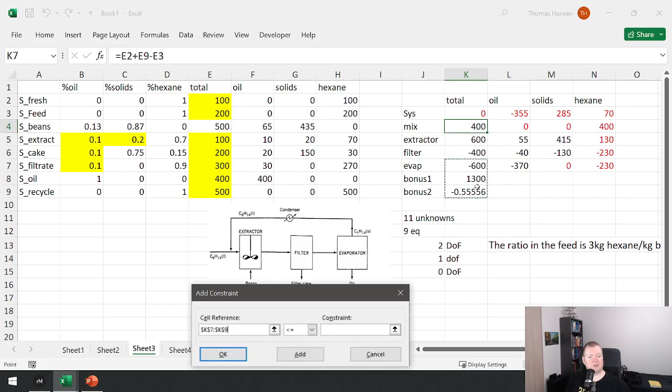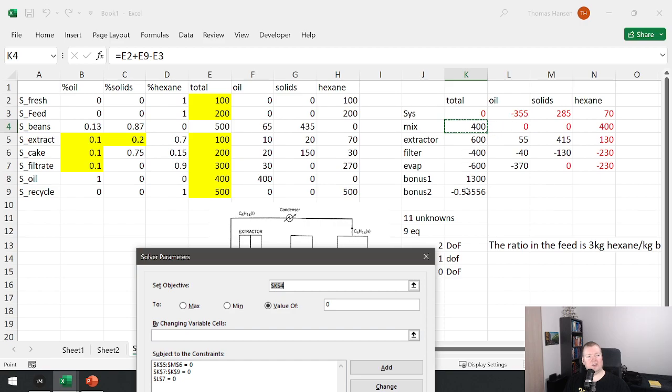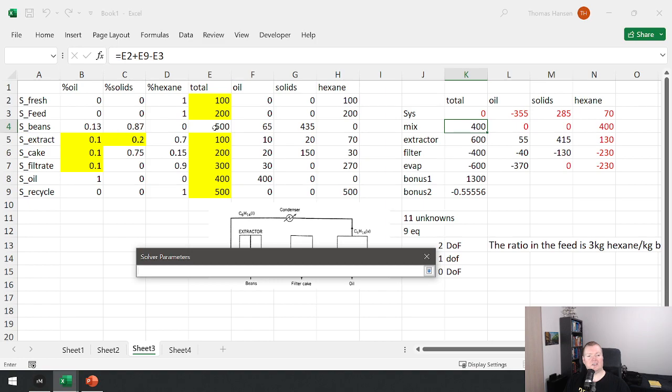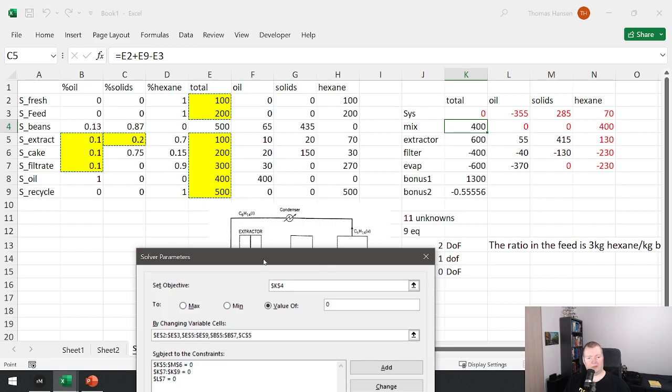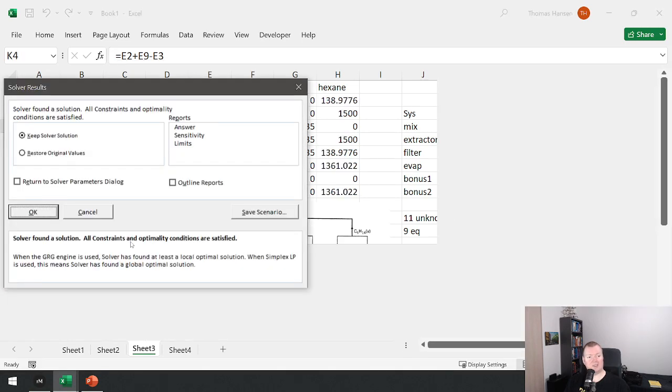All of the equations that are not colored red have to give me 0, and Excel can change all of the lovely cells over here, and fingers crossed, it might not work. I know this one can be a bit tricky for Excel to get right. Oh dear, it's taking a long time.